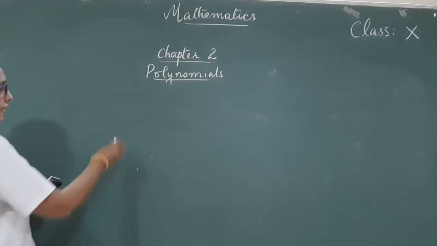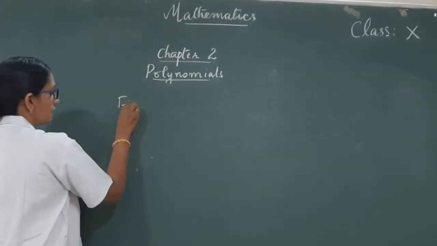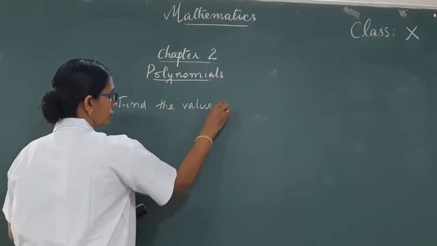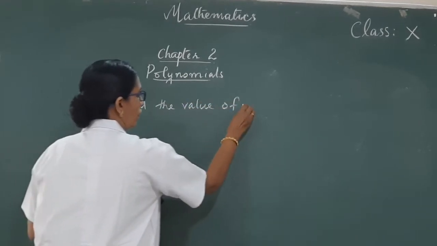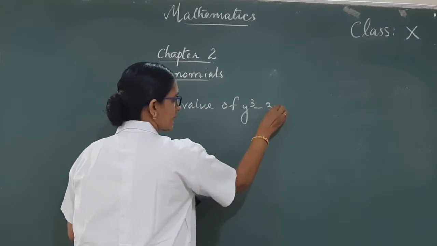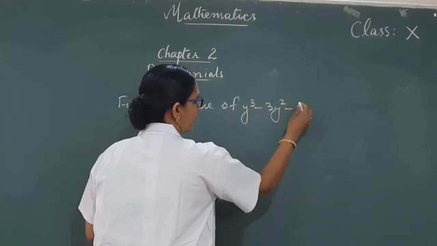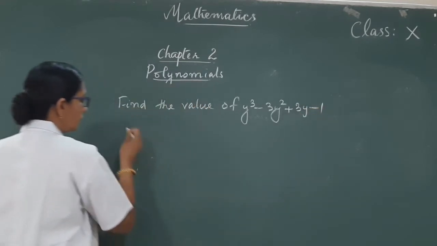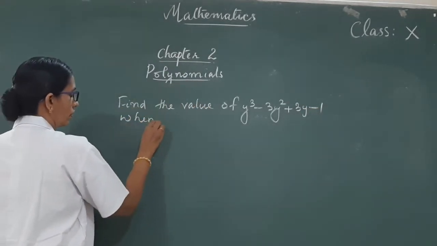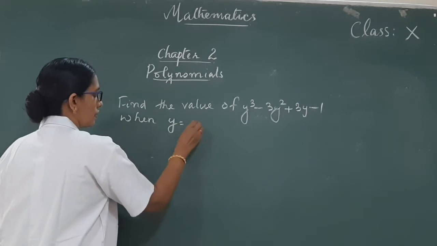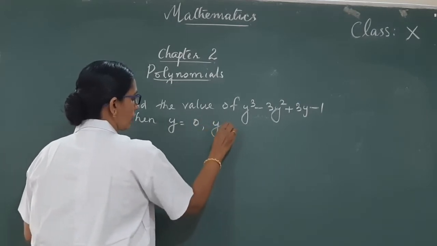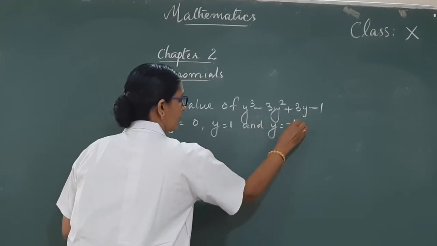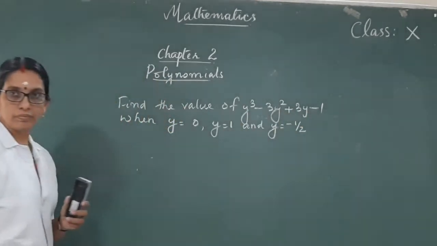Consider another question. Find the value of y cube minus 3y square plus 3y minus 1 when y is equal to 0, y is equal to 1 and y is equal to minus 1 by 2.